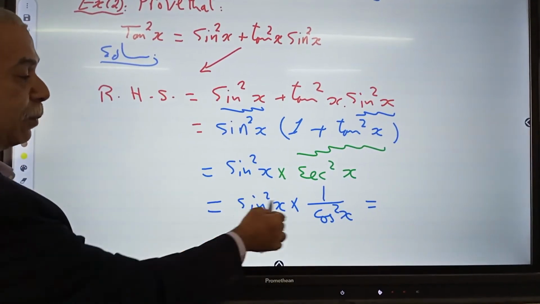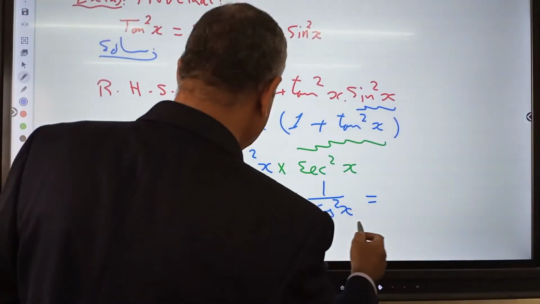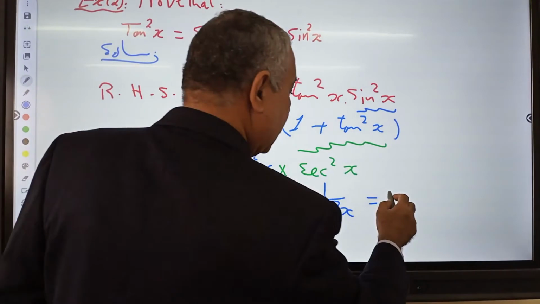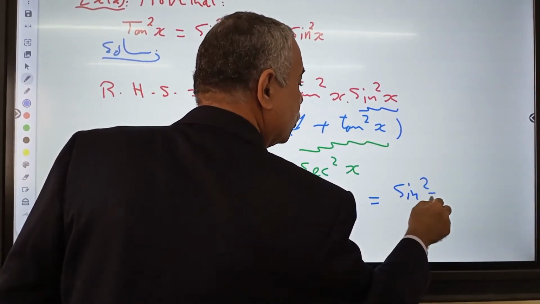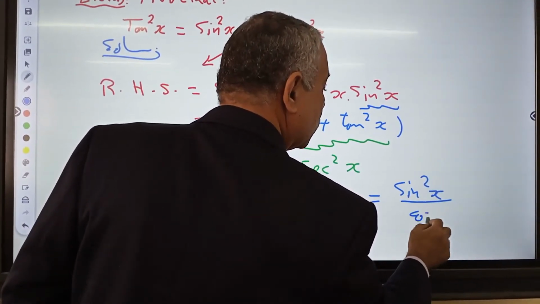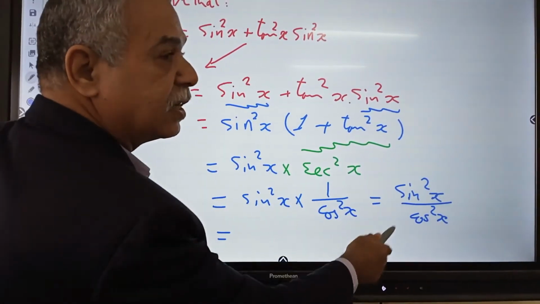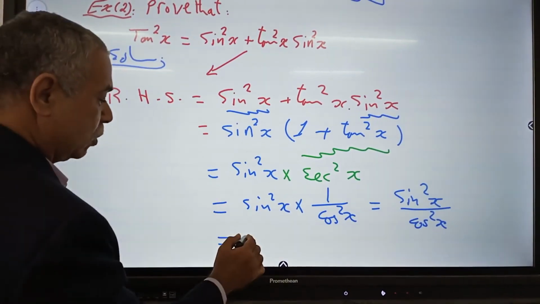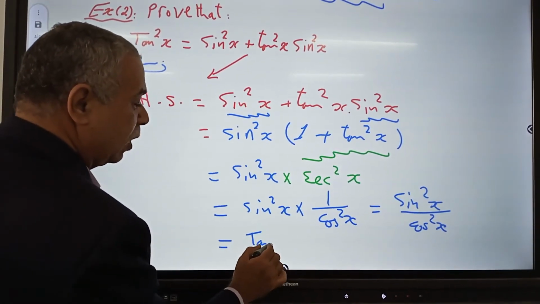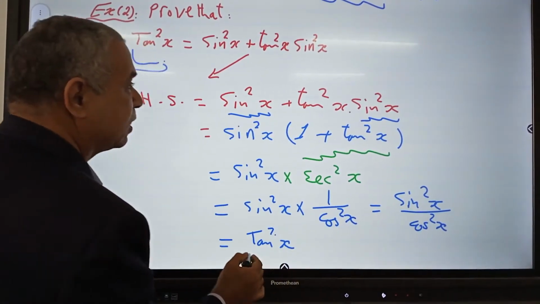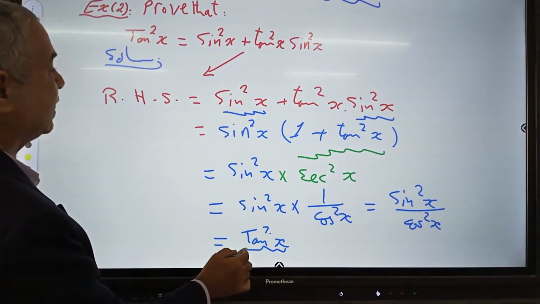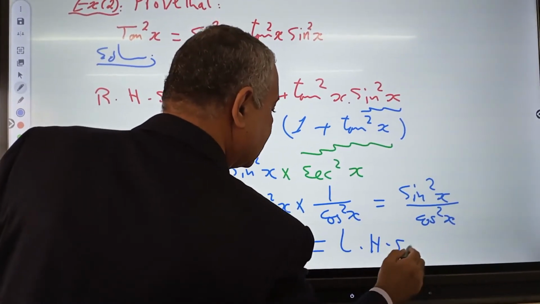So we can write the product of these two trig functions like sin²x divided by cos²x. All of us know sin divided by cos is tan. So it will be tan²x, tan²x equals the left hand side.